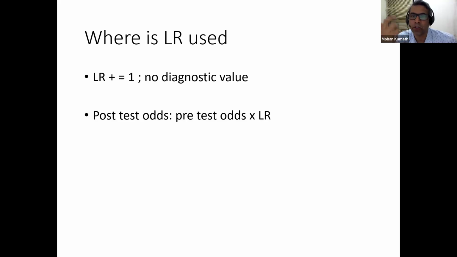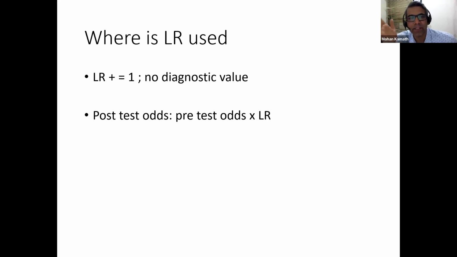It is called the pre-test odds. That means, what's the probability of this condition? In your own clinical judgment, you will think, okay, this is 80% likely that this person has this condition. After doing the test, it becomes the post-test odds, that is post-test probability.